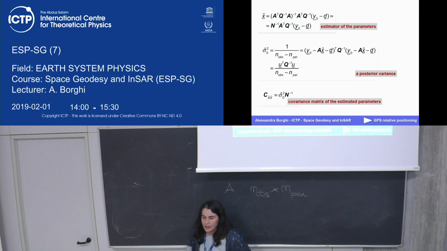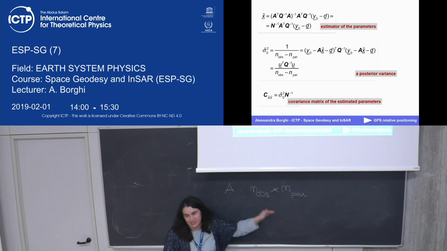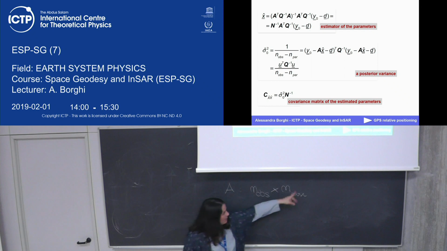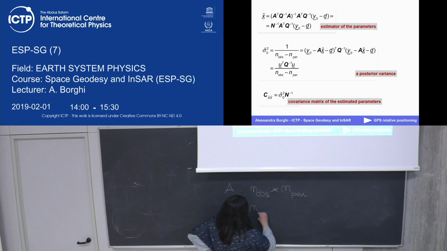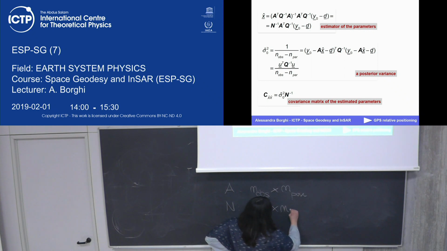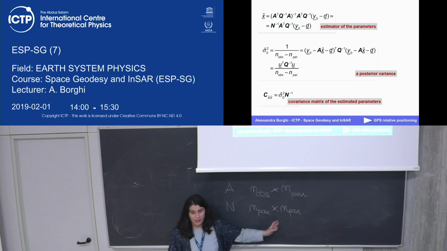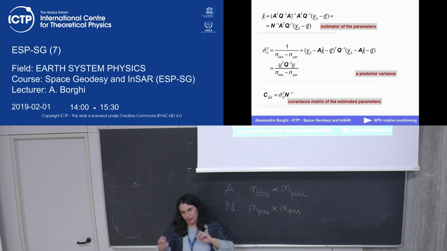If we have 1,000 observations, meaning 1,000 GPS epochs, we have 1,000 rows, and the number of columns is the number of unknown parameters. The normal matrix is a square matrix given by the number of rows and columns equal to the number of unknown parameters.